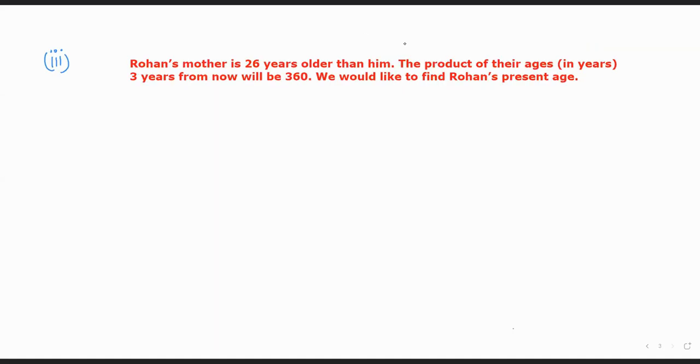Given information is Rohan's mother is 26 years older than him. The product of their ages 3 years from now will be 360. We would like to find Rohan's present age.